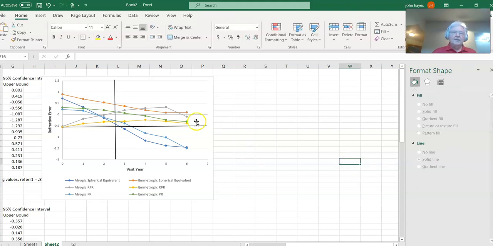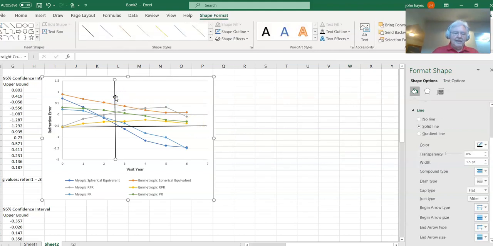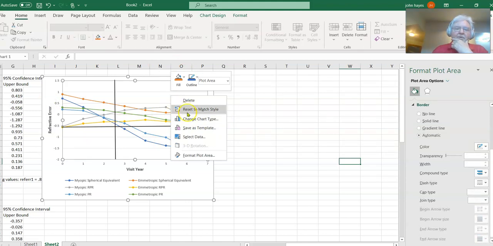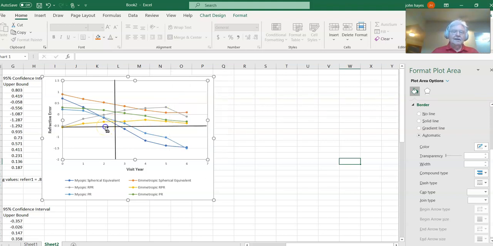And then, because if we change the shape of that, it's going to change, I'm going to do control, and select the overall box, the figure plus the lines. Oh shoot, I lost it. Control.